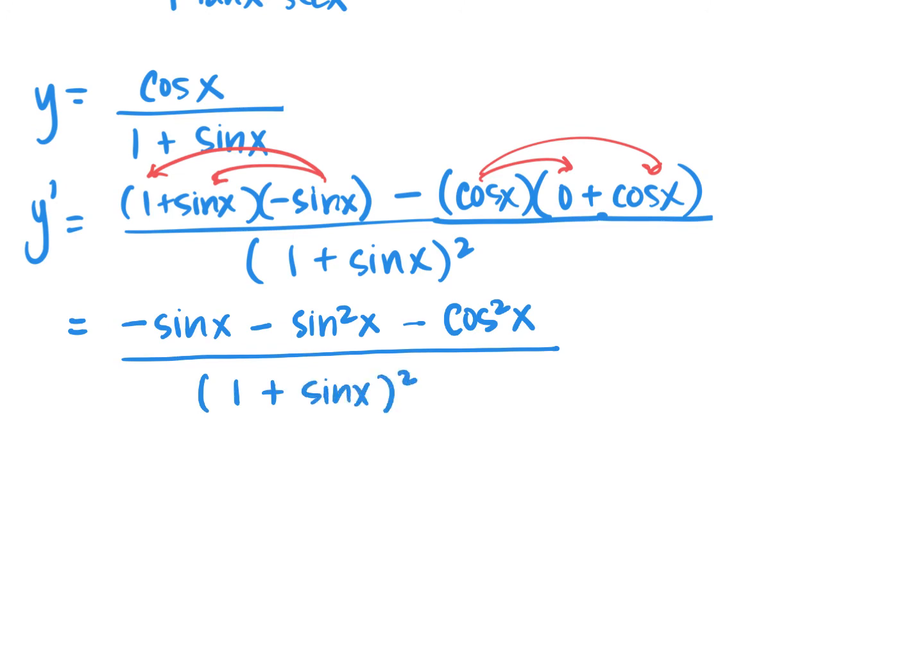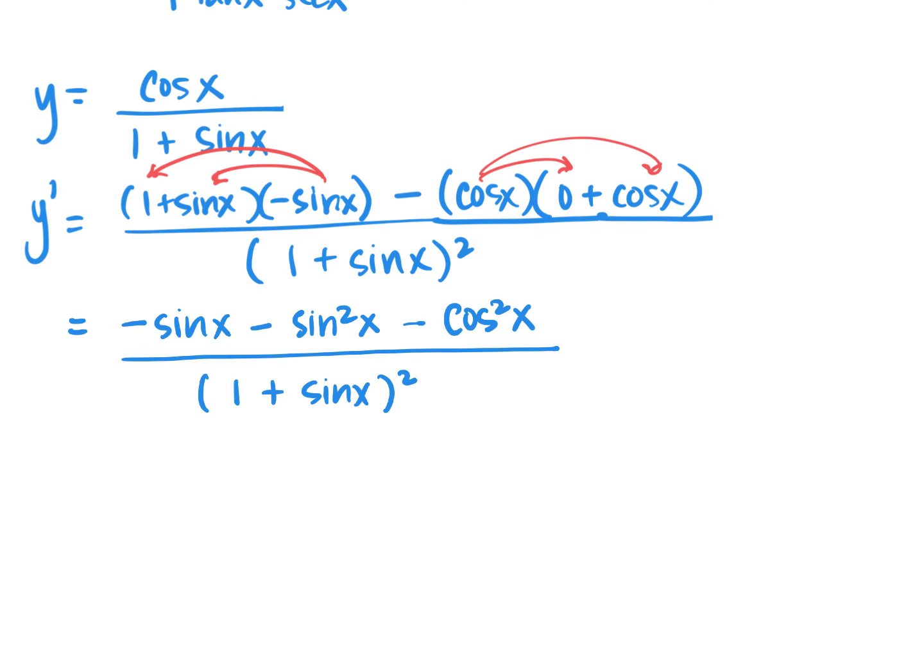Here is where we have what we call partial factoring. You notice that these terms have a negative in common and they have a square in common. I could pull a negative out of the whole thing, so why don't I do that?